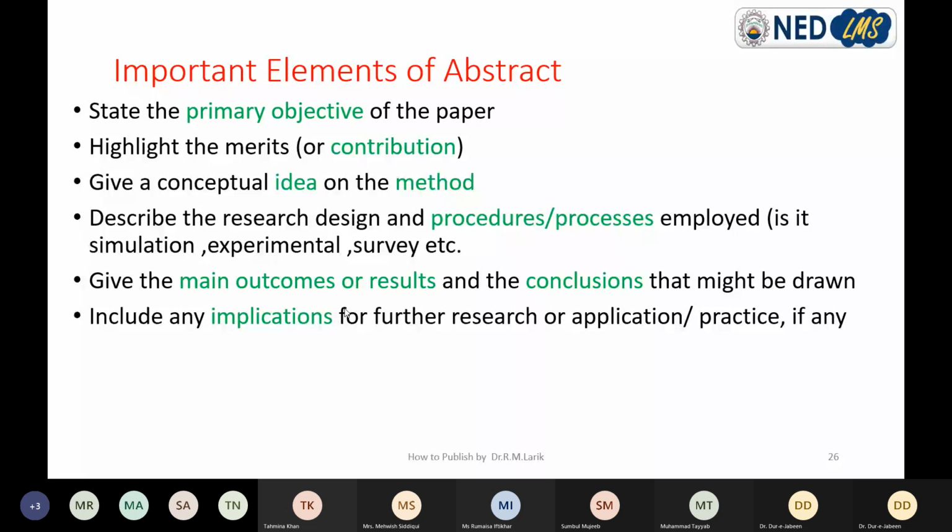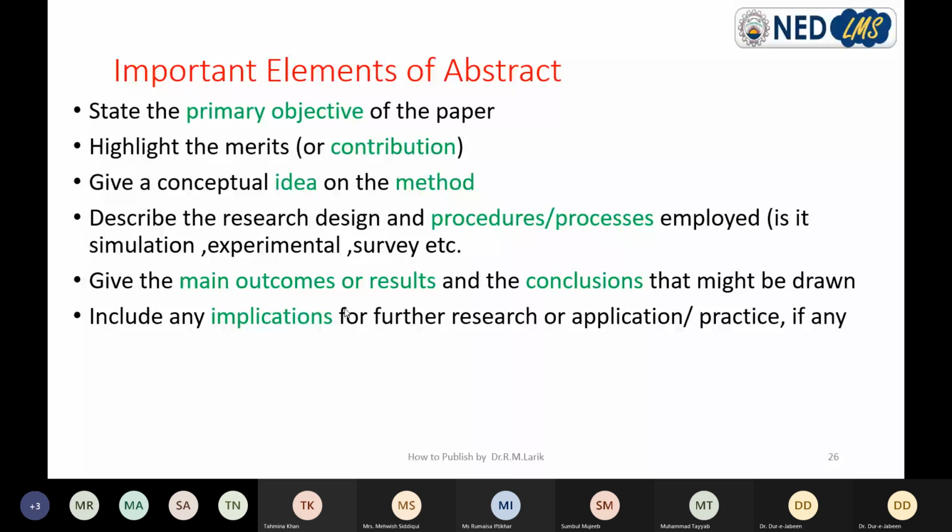Okay, now the important elements of the abstract. That is the primary objective of the paper, then highlight the merits or contribution and give the conceptual idea of the method, meaning what is the concept behind that method, why you chose that particular method, what is the novel, the new innovative work in that method, why your method is important, right?